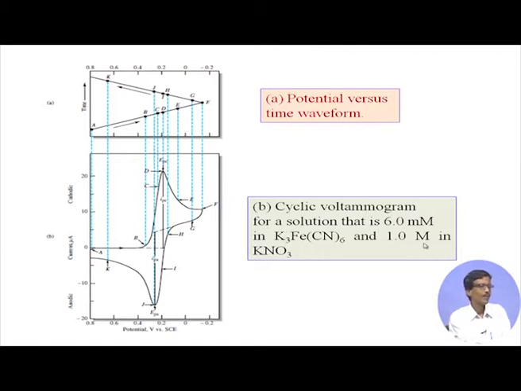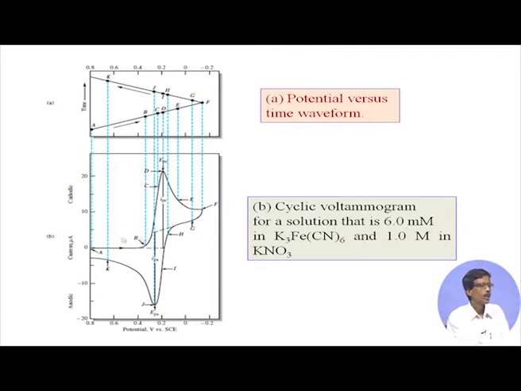This is the typical cyclic voltammogram of a very small concentration of potassium ferricyanide. It is a 6 millimolar concentration, that means 6 into 10 to the power minus 3 molar solution, and usually we go for simply the millimolar concentration.